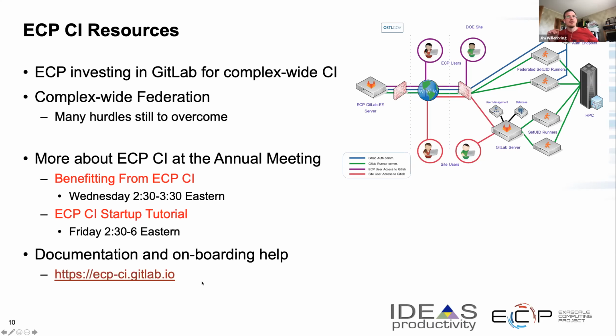Getting started with ECP CI can be a little bit more complicated, perhaps, than some of the freely available, lower power, if you will, solutions, and you may want to start there. But I would also encourage anyone who's on the ECP project to try to get plugged in there. Many different groups have already been plugged into it, and there are some people who can help you out with getting started. You know, better hand-holding than some of the simpler online solutions.